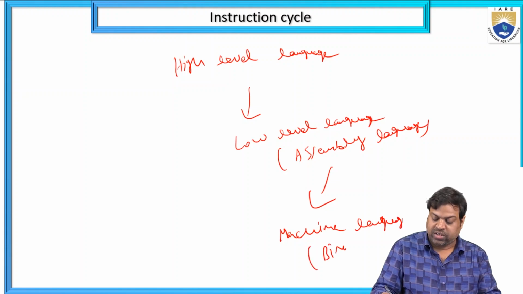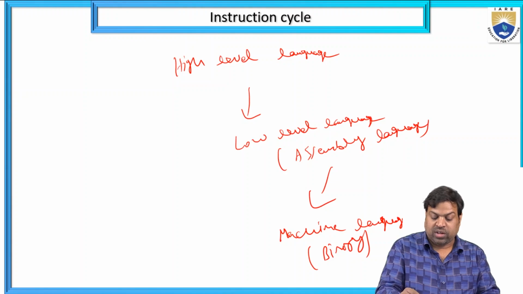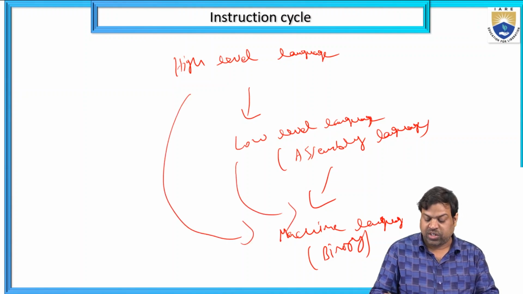That is called binary. High level language or low level language is converted into binary, in the form of ones and zeros, like this.